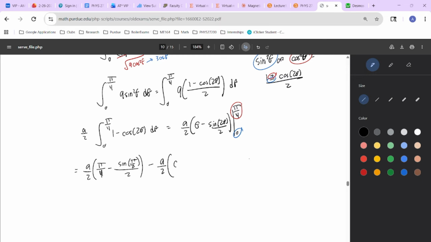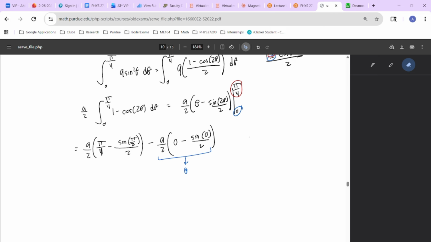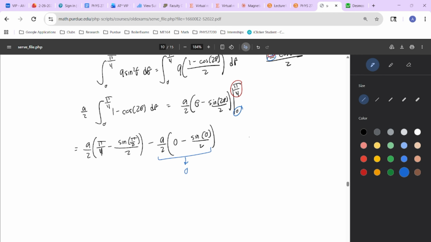And this would be 9/2 multiplied by 0 minus sine of 0 over 2. That's not theta, that's 0. I'm sorry. Theta here becomes 0. And so you'll see all of these terms equate to 0. I keep writing thetas. So this one equates to 9/2 multiplied by pi over 4, and then multiplied by 1/2.